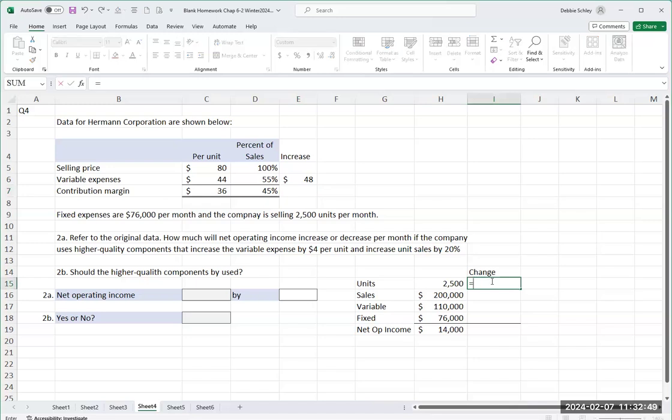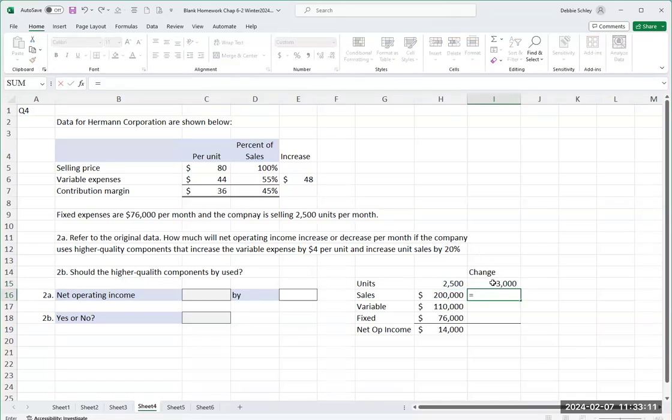So I'm going to now take my original units times 1.2, or 1 plus the percent, because I want to add 20% to my original number. So now I'm selling 3,000 units.